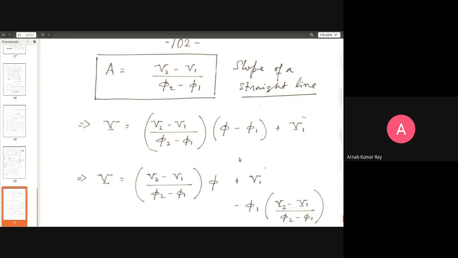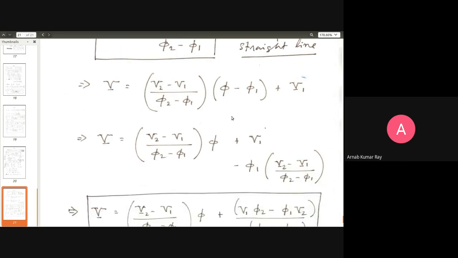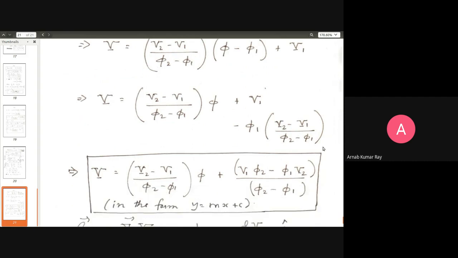This is your integral solution, but if you want to do a little bit of extra work, you write V2 minus V1 by phi 2 minus phi 1 into phi, plus V1 minus phi 1 into V2 minus V1 by phi 2 minus phi 1. This is the constant part. So you work with these two terms, and this is what you end up with.